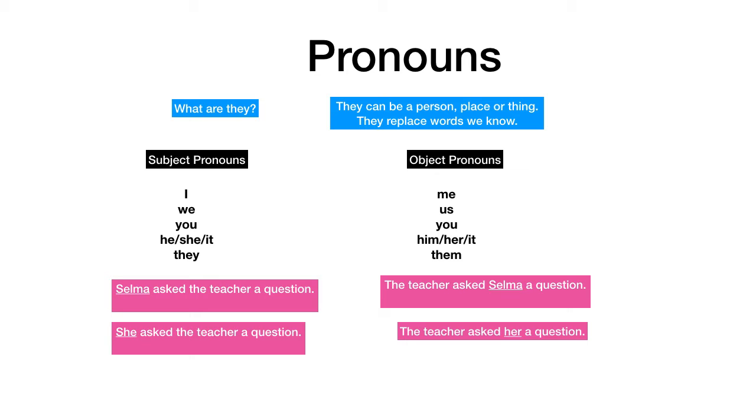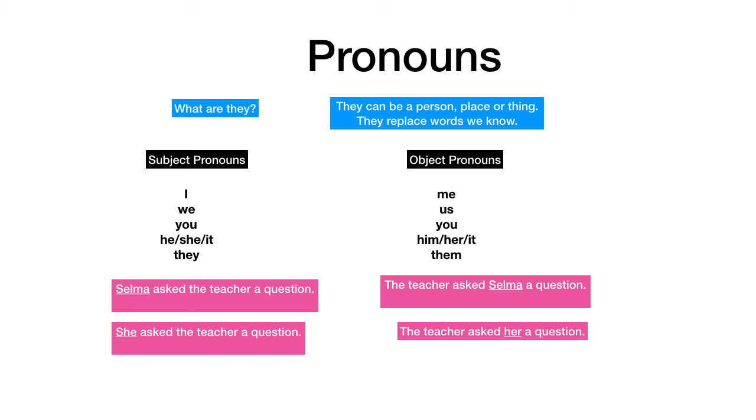And just to compare, I want to show you here what object pronouns look like. I know you know what these are, but I want just to show you, to contrast them to the subject pronoun. So here, object pronouns: me, us, you, him, her, it, them.